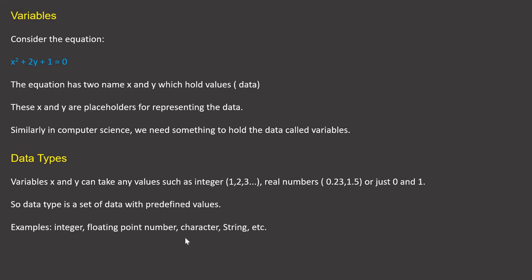What do I mean? See, data type is a set of data with predefined values. If I'm saying the data type is integer, then integer means some values, which means 1, 2, up to any number, up to infinity, right? So here I'm defining the set of data which is applicable on x and y, right?